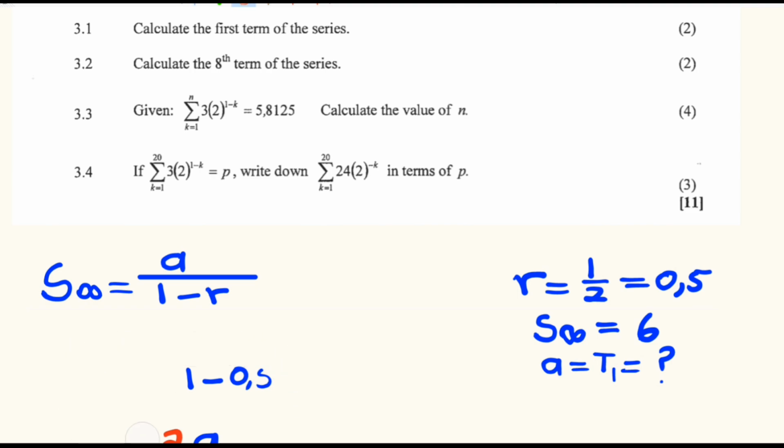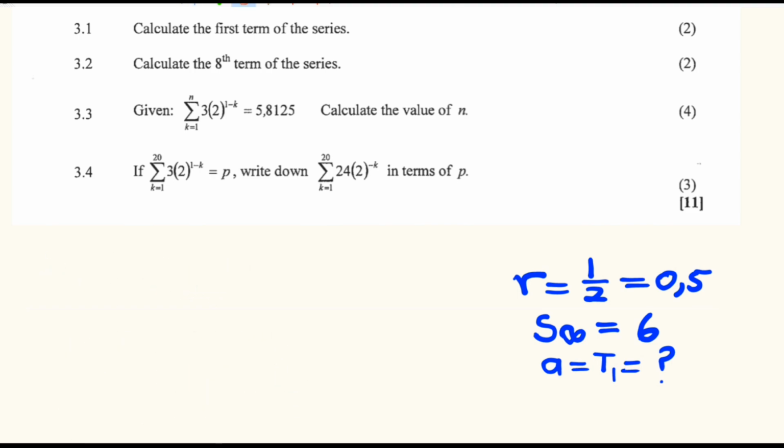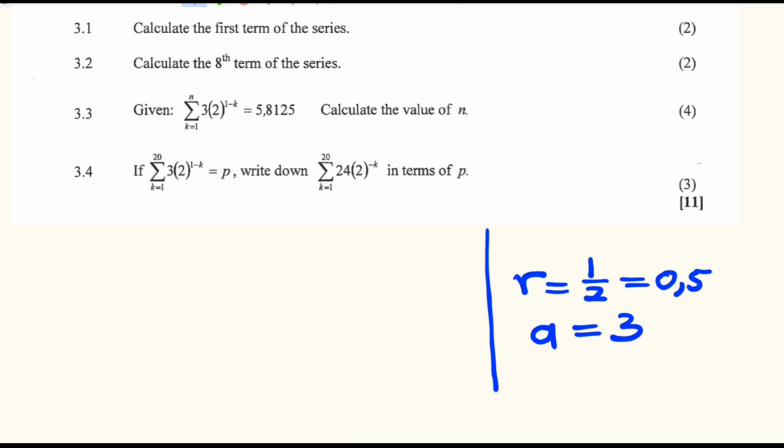Question 3.2. So we just determined that a, term number 1, is equal to 3. Question 3.2. We calculate the 8th term of the series, and we have Tn is equal to a multiplied by r raised to the power n minus 1.